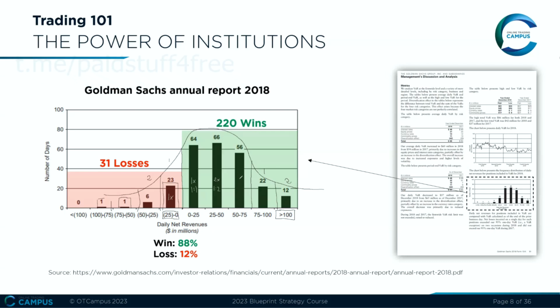Now here, the story goes on. Now they're making 3x. On 56 trading days, they made 3x. So 1, 2, 3, right? For every $25 million they risk, they make up to $75 million. And the further you go, here they make 4x, or a 1 to 4. And here they make 5x, or a 1 to 5.